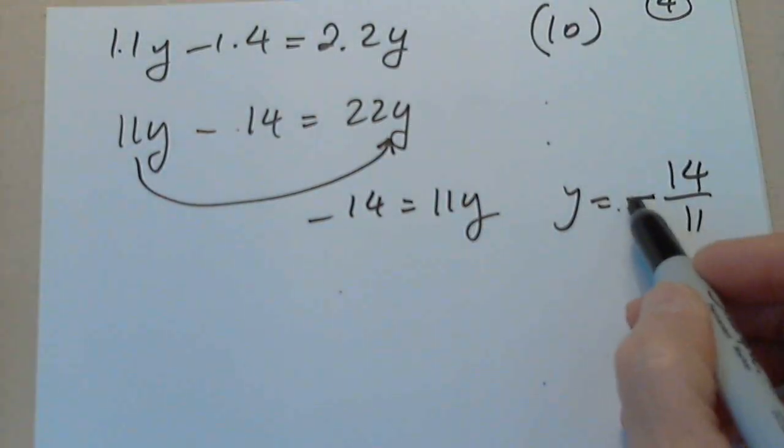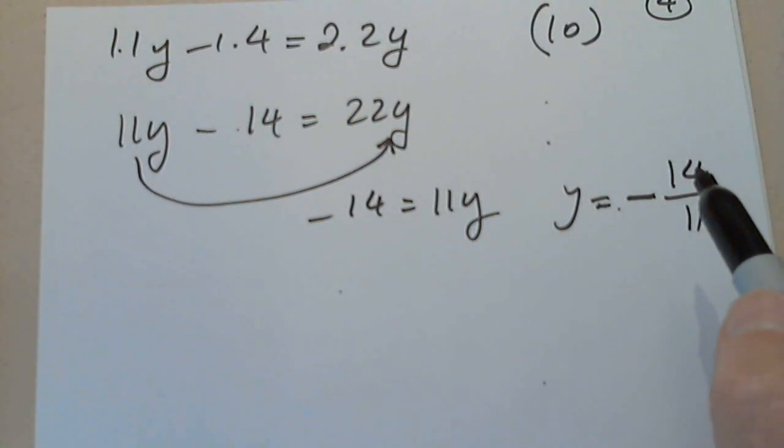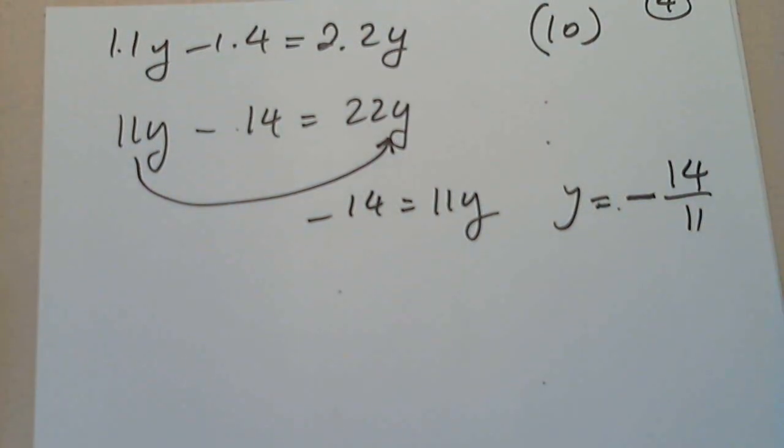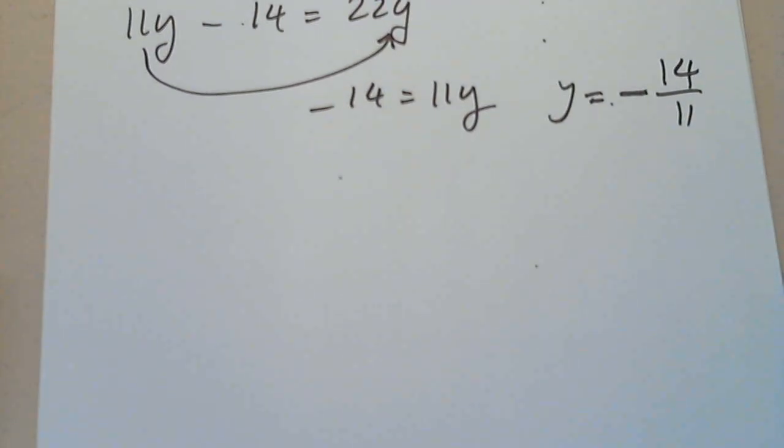I take care of the sign first. And then 14 divided by 11. And that's it. I highly recommend eliminating decimal numbers if you can. Any questions?